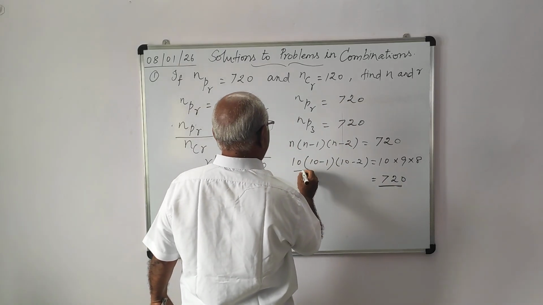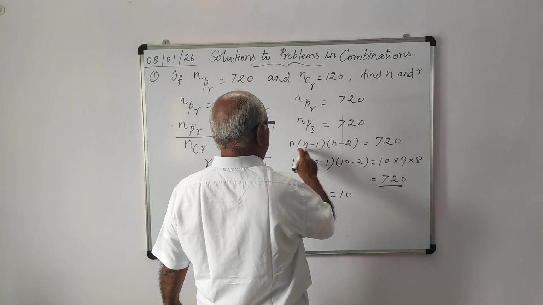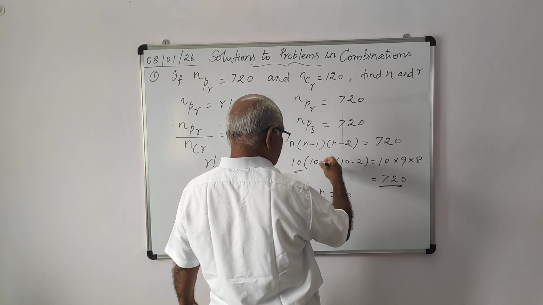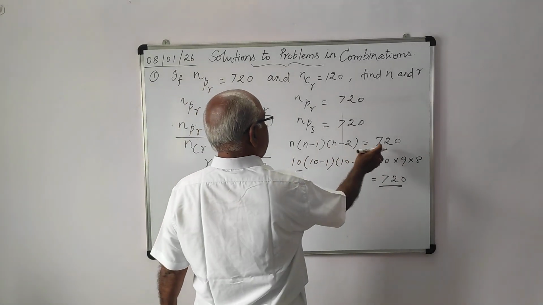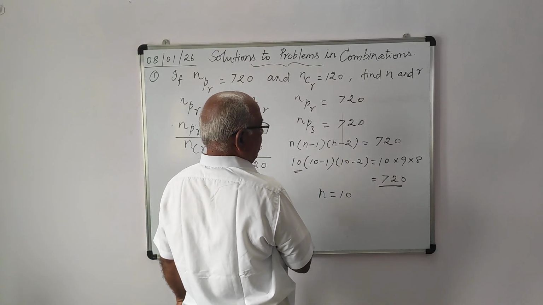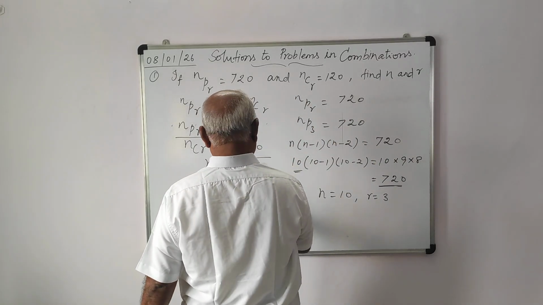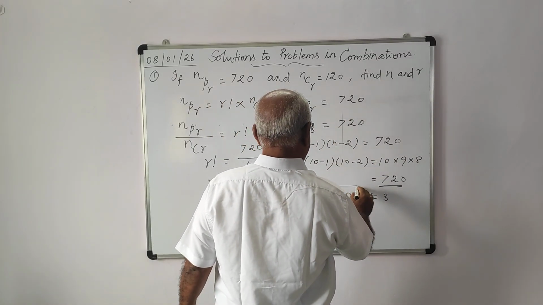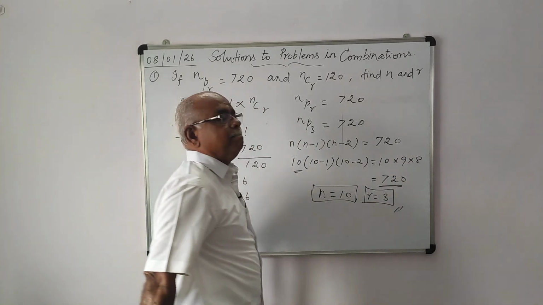So n equal to 10 by trial, and r equal to 3. That's all about the problem. Okay?